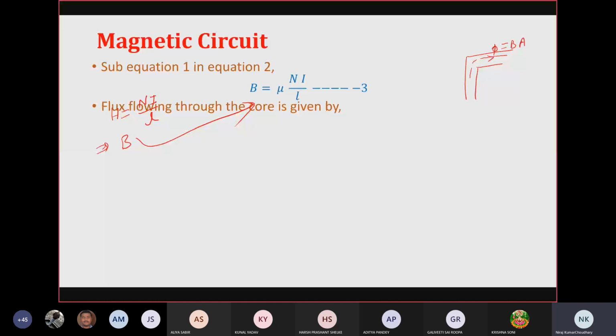So if we are aware of the cross section area of the core, then using this expression phi is equal to BA, we can easily calculate the total flux flowing through the core, which is made up of the magnetic material, right? So from here you put the value of B in equation 4, then you will get this type of equation.